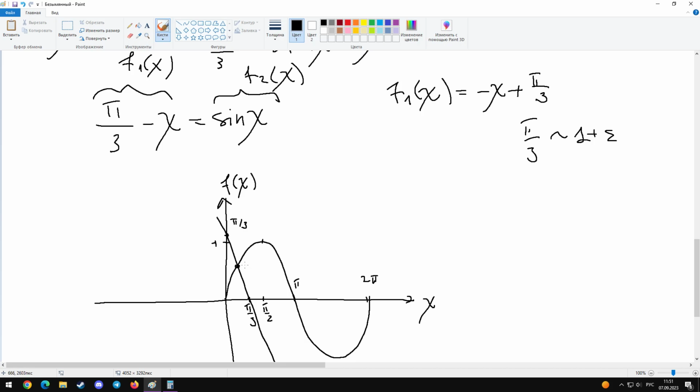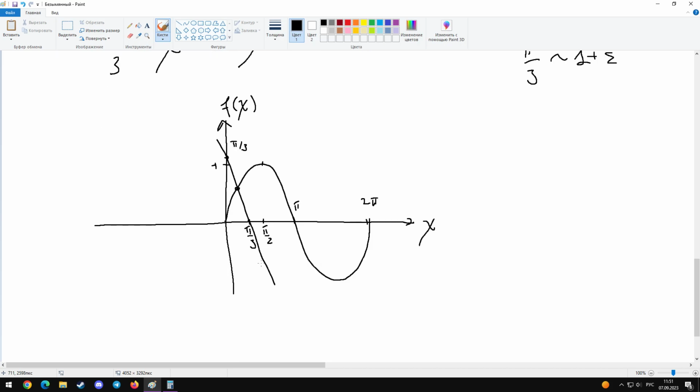What can we do? As I remember, the method of solving this equation, it's numerical, it's not accurate. The answer would be close to the real answer, but not equal to it. It will be as close as we want it to be. We just have to do as many iterations as we can.